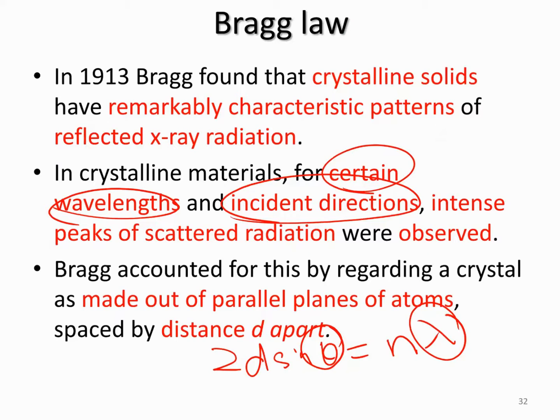So Bragg accounted for this by regarding a crystal as made out of parallel planes of atoms spaced by distance d apart. So they started to think that actually the crystal is made out of many atoms, and the atoms are arranged properly through many planes. Okay, before the Bragg law was invented, no one knew what the atom looked like.